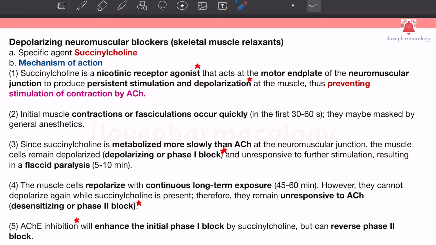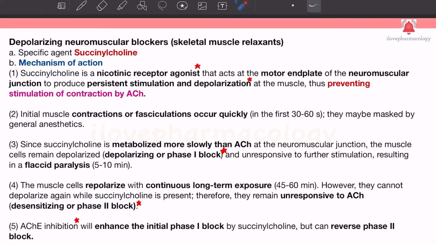After binding, it stimulates the receptor to produce persistent stimulation and depolarization at the muscle. This persistent stimulation and depolarization of the muscle end plate will prevent contraction through acetylcholine. Thus, succinylcholine prevents the stimulation of contraction by acetylcholine.